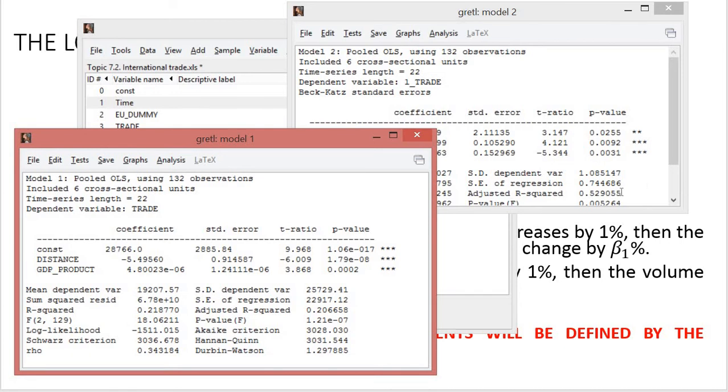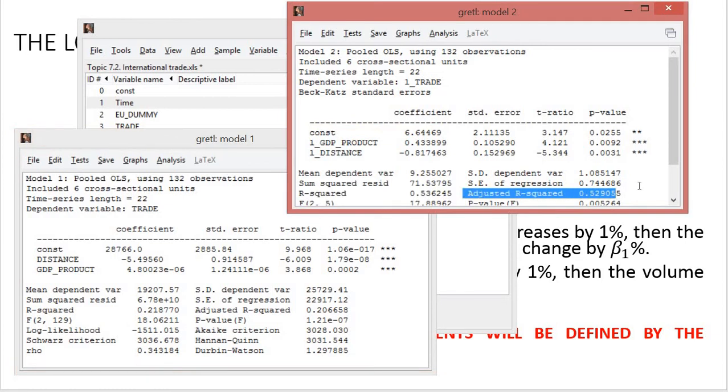Okay, so the first thing you could notice is that adjusted R-square in our new model is higher than in the initial model, when we did not specify natural logs and just used linear terms. It's not a good idea to make this comparison for different models, but since we are using the same variables, just a different model specification, it's fine.